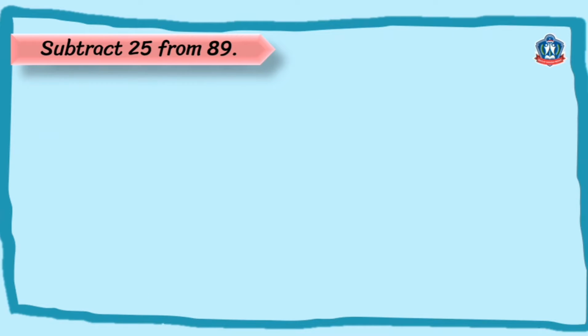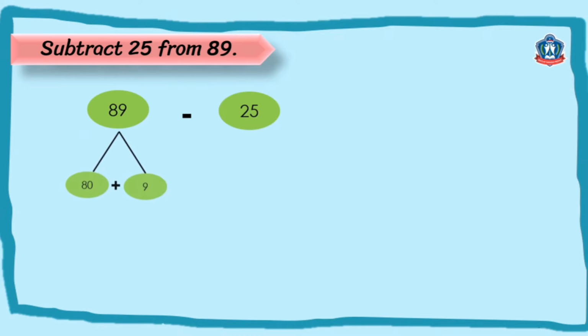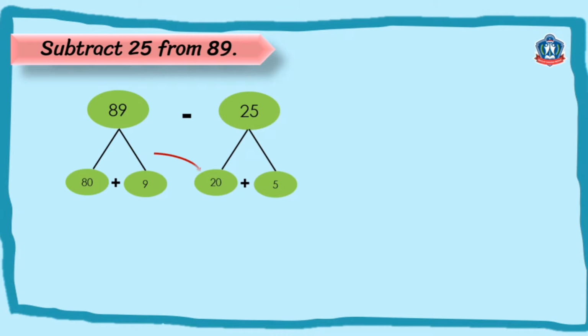I have here an example. Subtract 25 from 89. I will teach you another way of subtracting numbers without using the vertical form. So we have 89 minus 25. Let's separate 80 and 9, and also 20 and 5. We can subtract 80 minus 20.